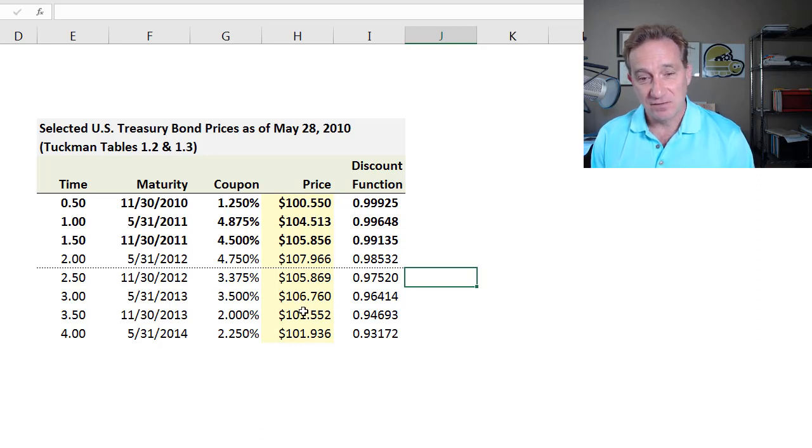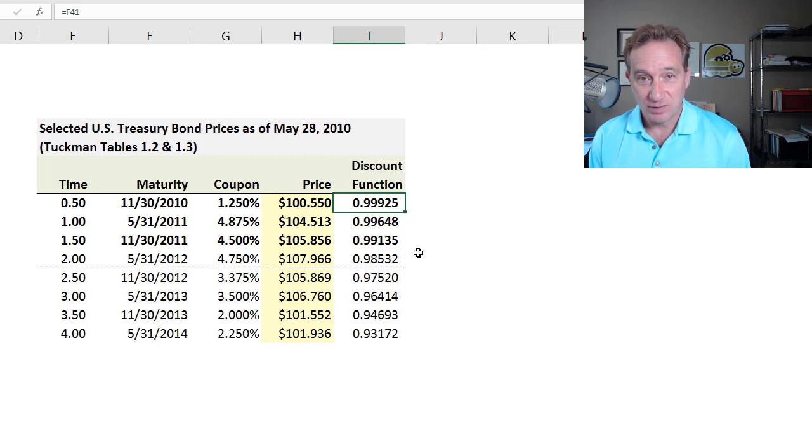With this set of observed prices, I've covered in a previous video how we could construct the discount function. Right, the discount function is just the set of discount factors that are implied by these traded prices. And the law of one price says that, absent confounding factors like credit, risk, tax, etc., there is only one discount function, or more specifically, at each maturity, there's only one discount factor.